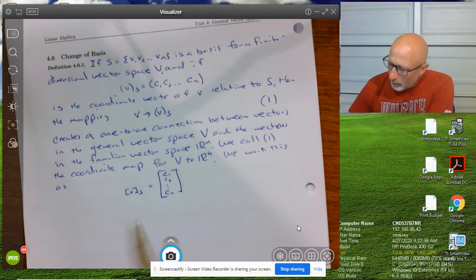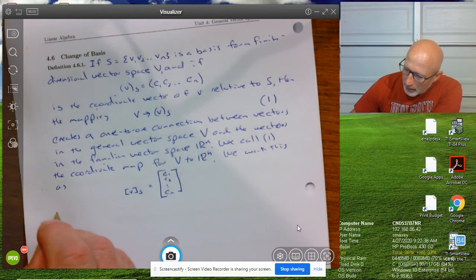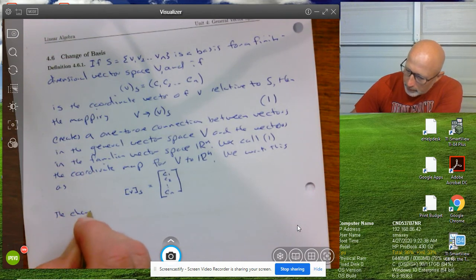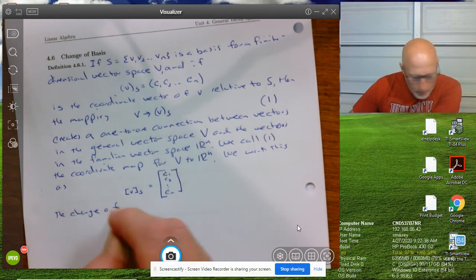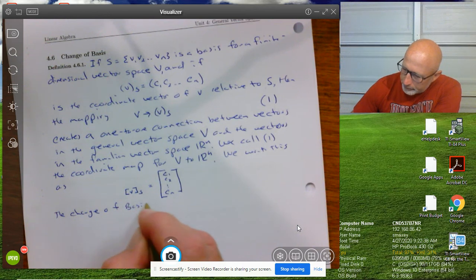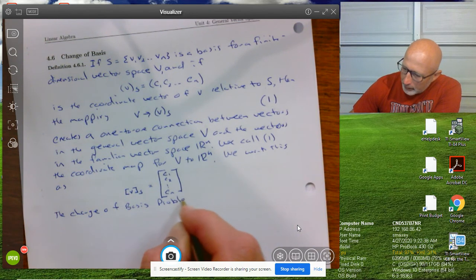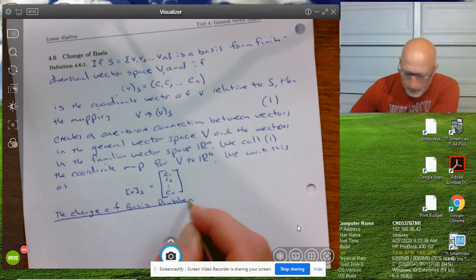Okay, so here's what we're going to get into: the change of basis problem. How exactly do we do this?